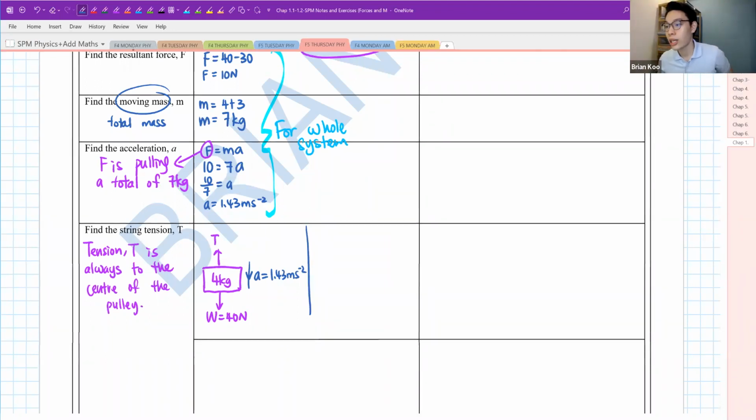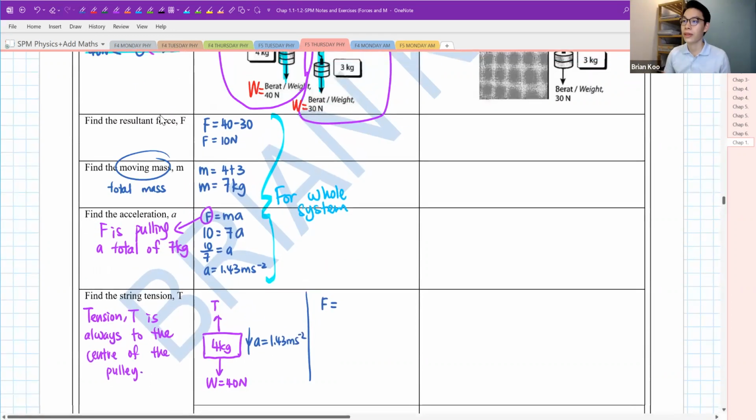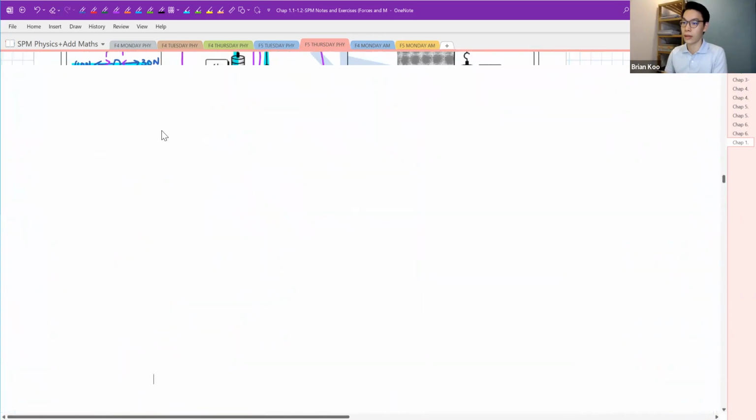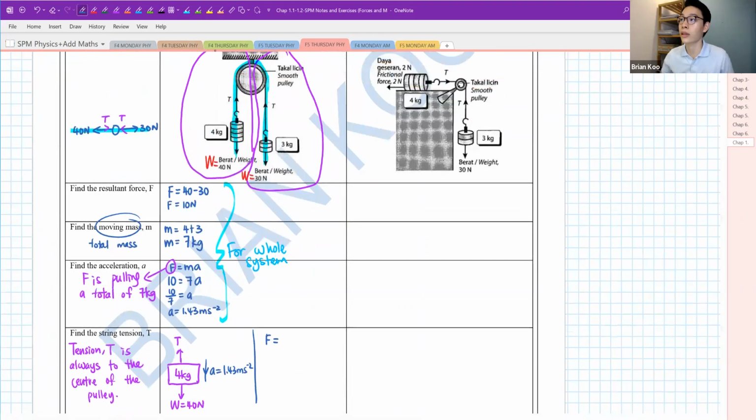So I'm going to say that the resultant force is the same as the stronger force. Can you all tell me who's the stronger force in this case? Accelerating downward, the 4 kg. Yes, W. Okay, very good.